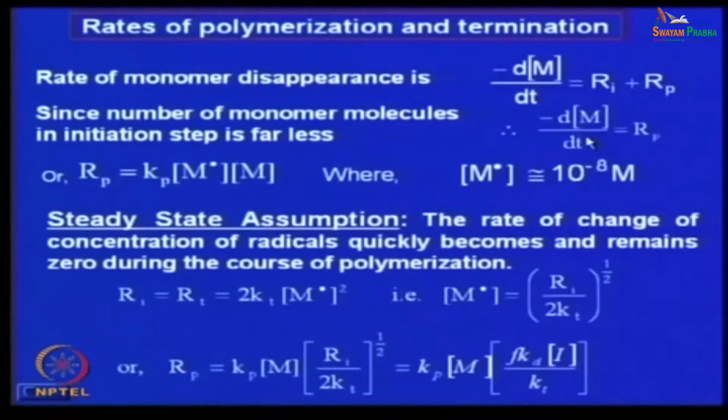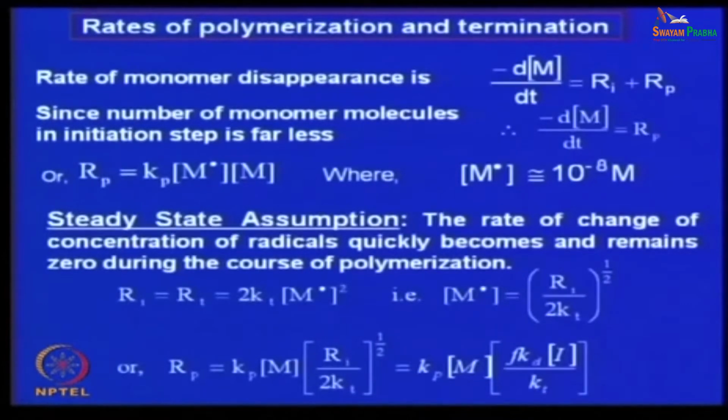The physical significance is like this: once the initiator molecules are decomposed, producing primary free radicals, at any instant of time there may be plenty of primary free radicals in the system. So simultaneously one can expect initiation of many polymer chains.